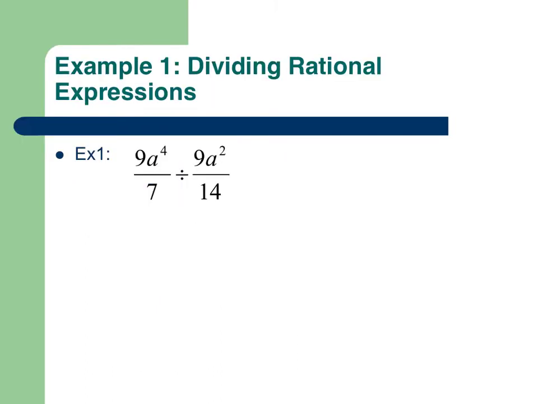Alright, so let's look at one that has rational expressions in it. So first, we'll have 9a⁴ over 7. So drop that down, switch this to times, flip this fraction. Alright, so here the 9's will cancel. A squared and a⁴ makes a².